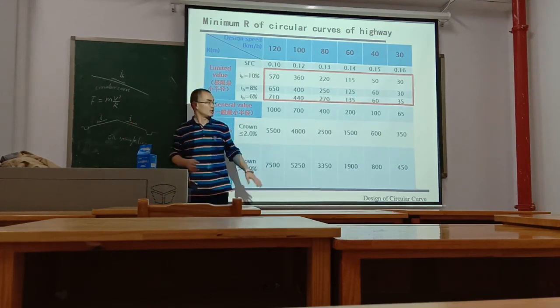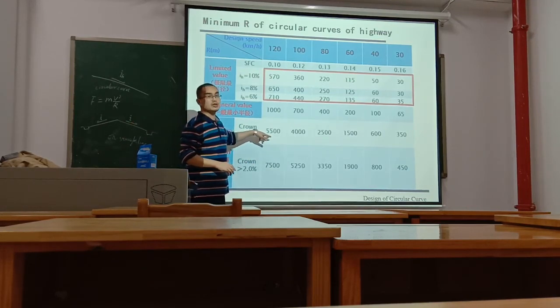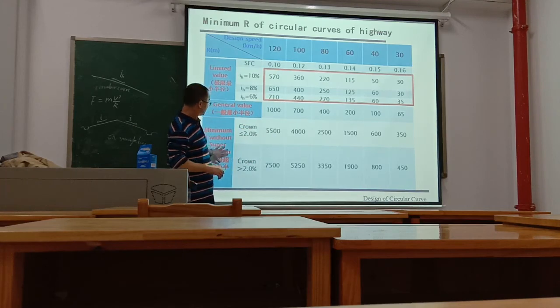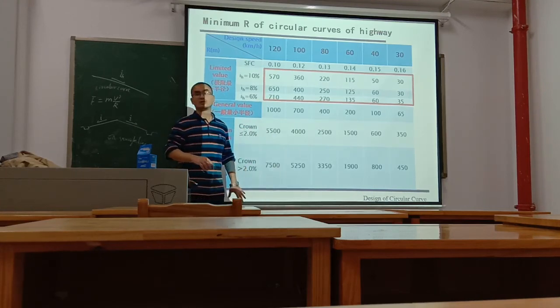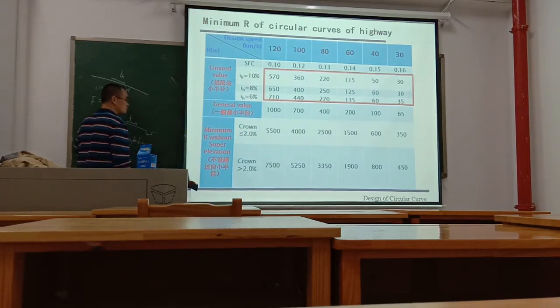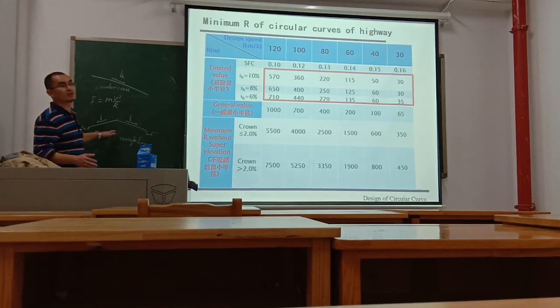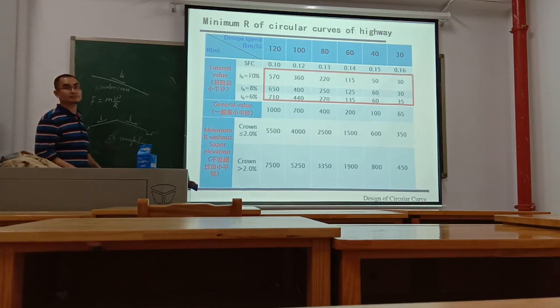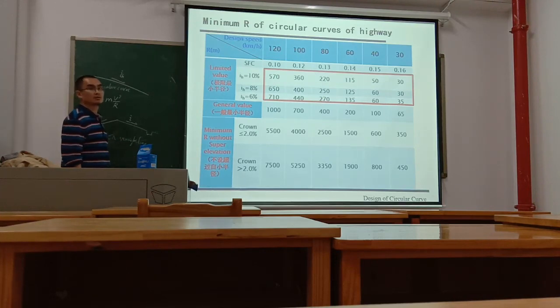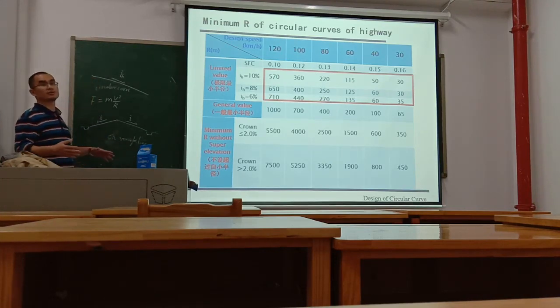If the radius is greater than this value, you can keep the cross slope two-way, no change, the same as on a straight line.